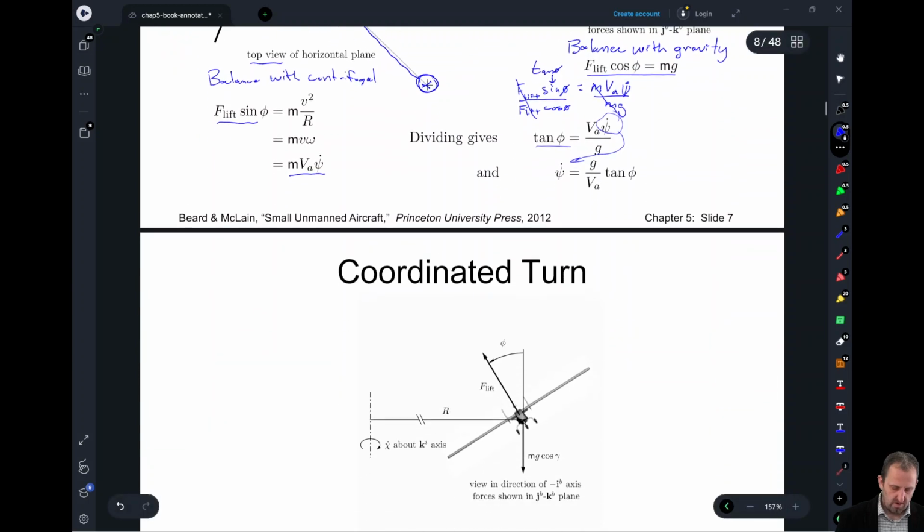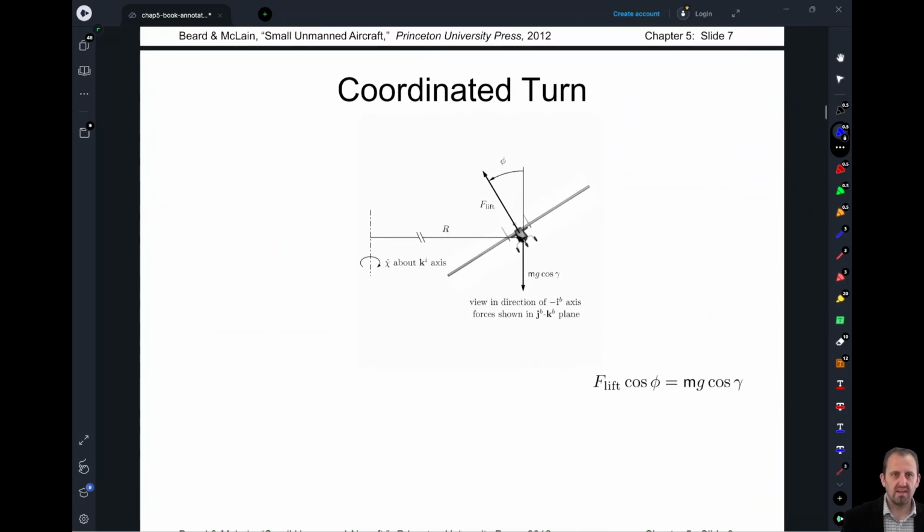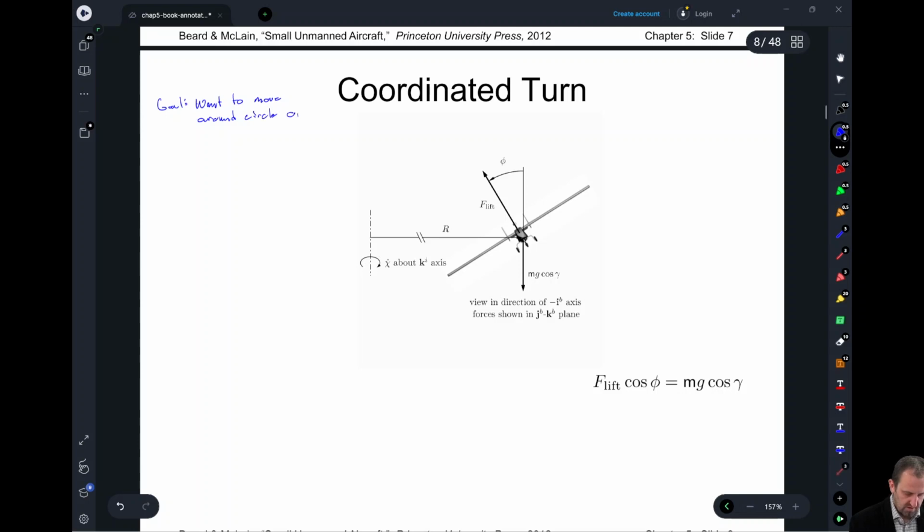So now if we want to go to our full coordinated turn model, we can apply some of the same principles, right? So in our goal, we still want to move around a circle of radius r.